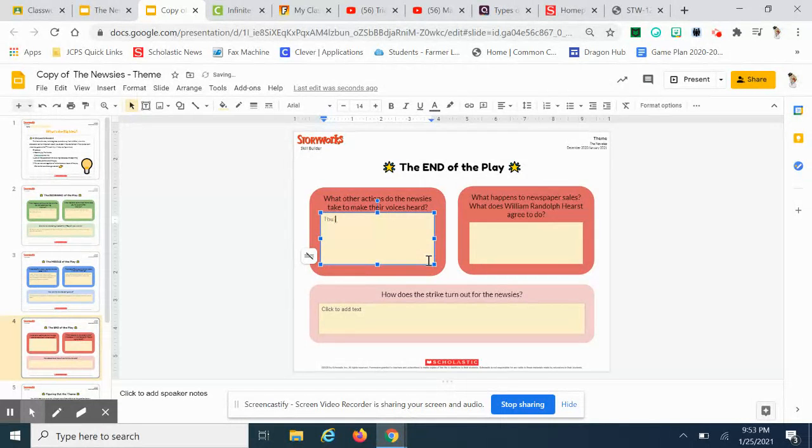So we're going to say the Newsies hand out flyers asking people to not buy the newspaper and to support their strike.